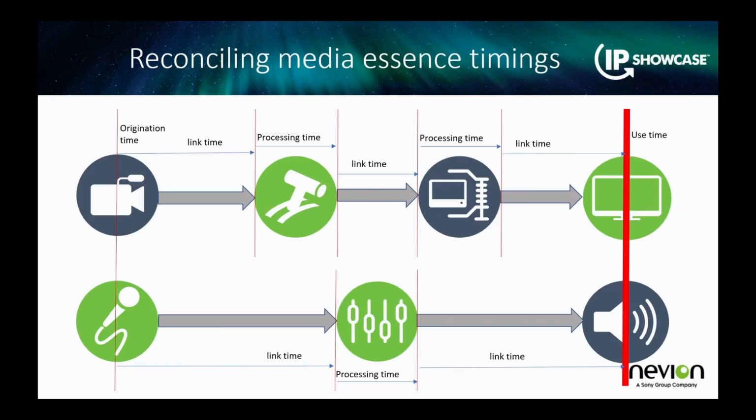One of the things that I think I was relatively naive on as we were developing the 2110 standards was that the origination time would be propagated through the system. So we would have the ability to know at any point within the workflow what the relative time offset between different media essences is.